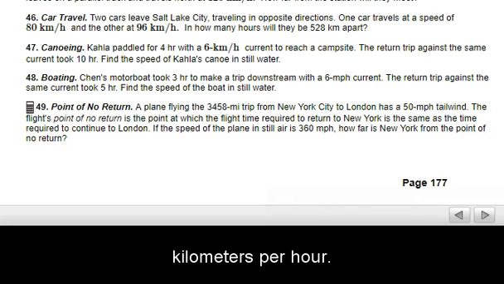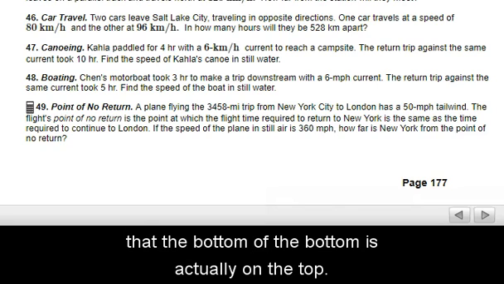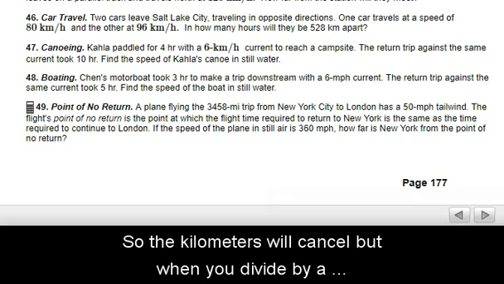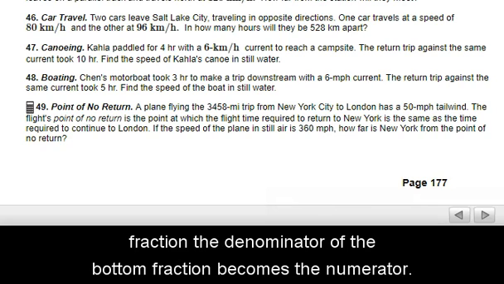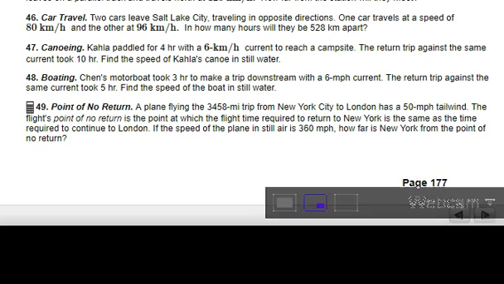And when you divide by kilometers per hour, the hour will get flipped up to the numerator. Remember that the bottom of the bottom is actually on the top. So the kilometers will cancel, but when you divide by a fraction, the denominator of the bottom fraction becomes the numerator. So what is 528 divided by 176?